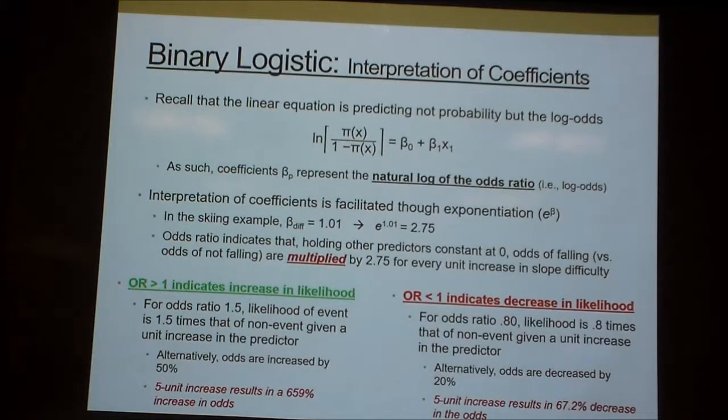Yeah, and that's how you would interpret the intercept for this model. So if we code trail difficulty 0, 1, 2, and we have our 2 indicators for season, how do we interpret the intercept?